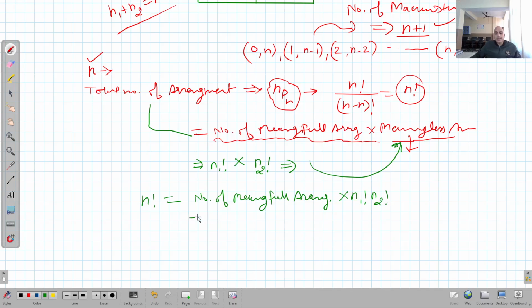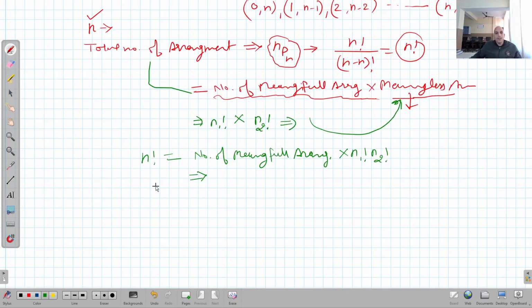So the number of meaningful arrangements is equal to n factorial divided by n1 factorial into n2 factorial.